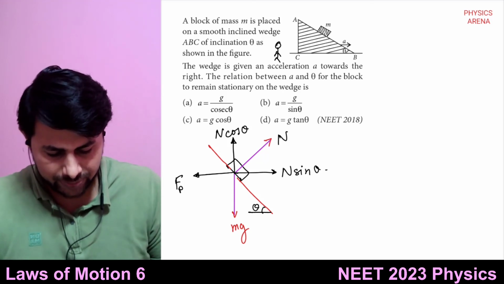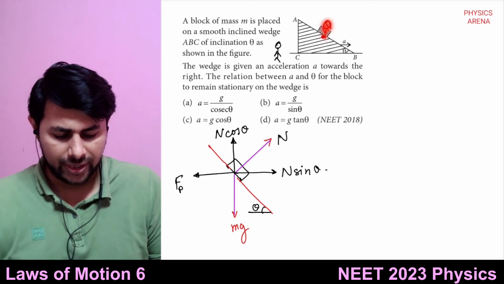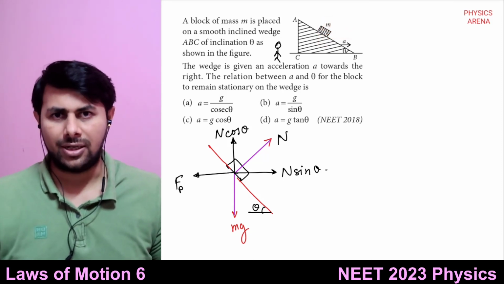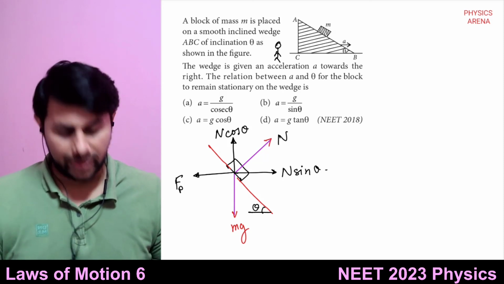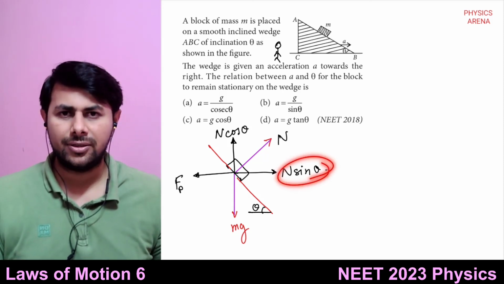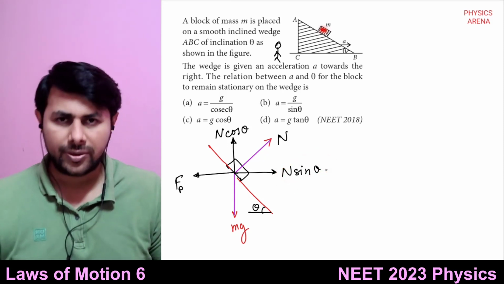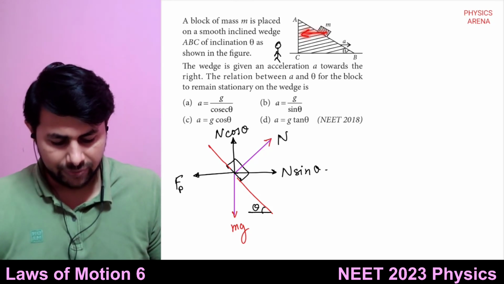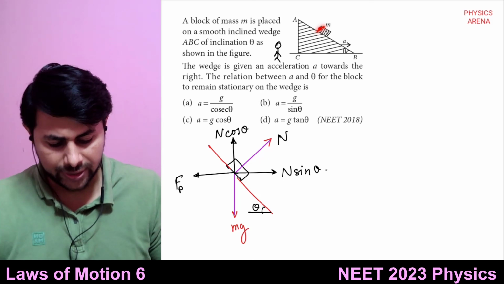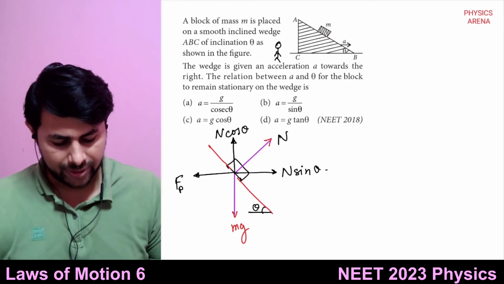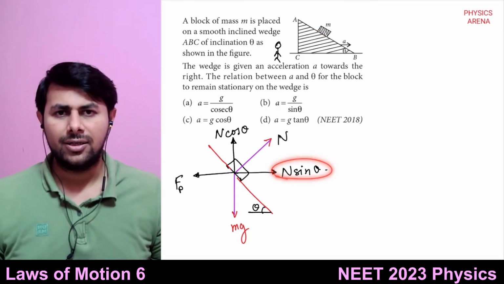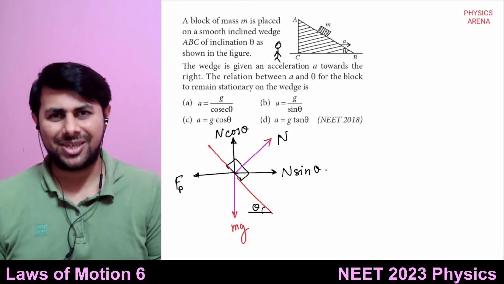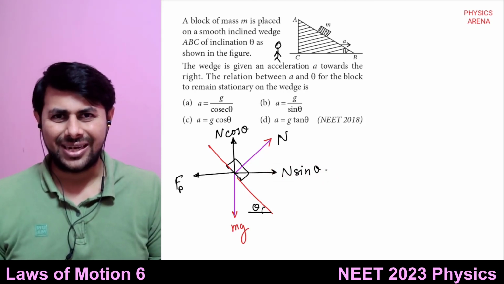So for this observer who is riding along with the block, who is accelerating along with the block, what is this n sin theta doing? For this observer, there is a pseudo force acting on the block towards left. So this n sin theta is balancing that pseudo force. So the observer says, I'm at rest, I'm not accelerating.